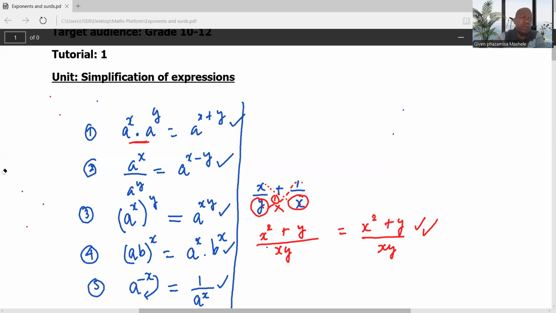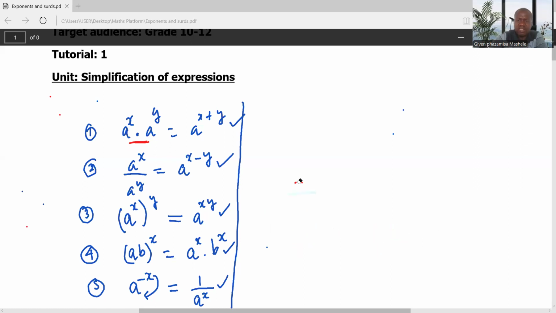Right, now let's talk about surds. Because I was talking about the laws of exponents, now I want to talk about surds. The surds, guys, are relevant for grade 10s, grade 11s, and grade 12, but even in grade 9, there are also surds.